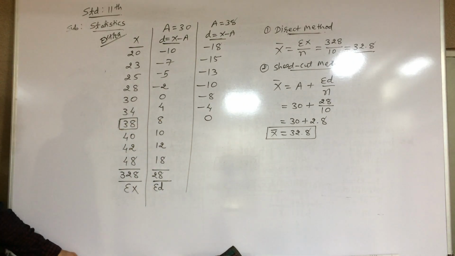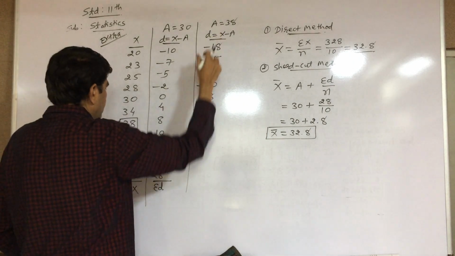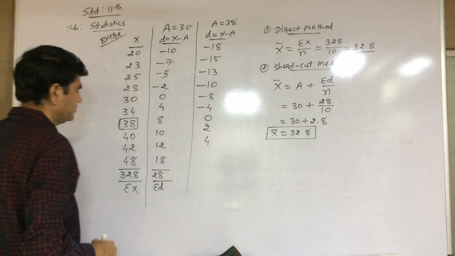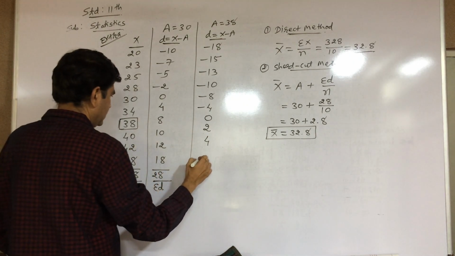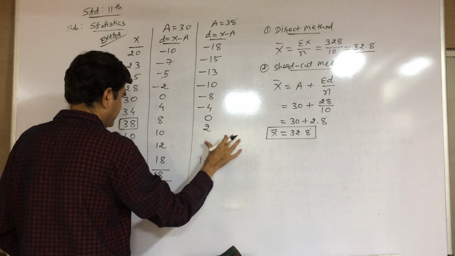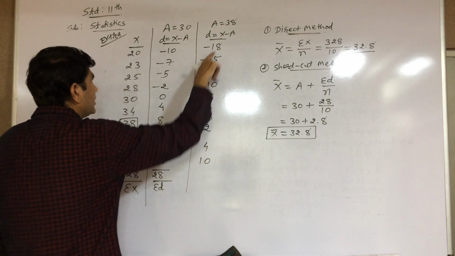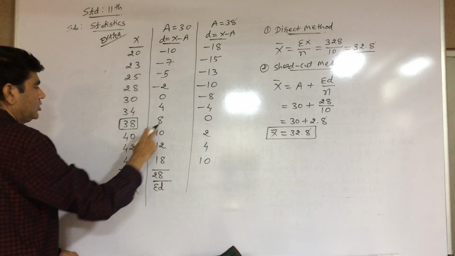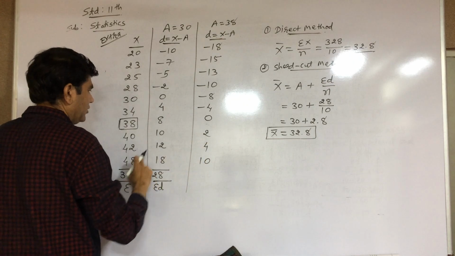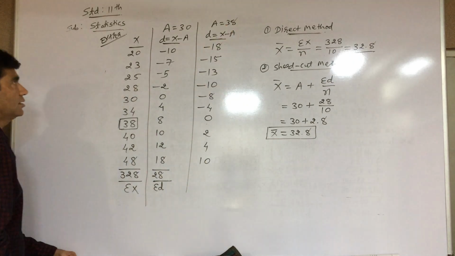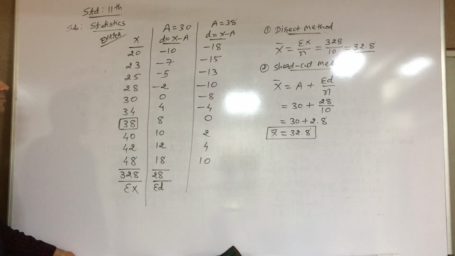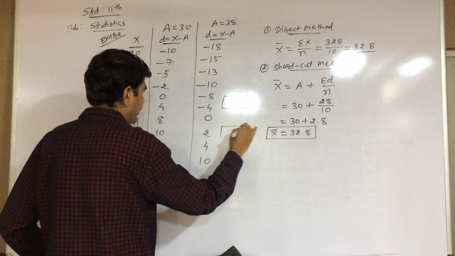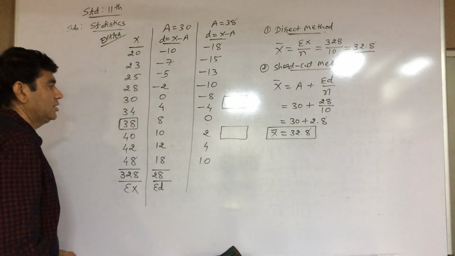Yes. 40 minus 38, plus 2, then plus 4, and then plus 10. 40 minus 38, 42 minus 38, and 48 minus 38. Now calculate separately, first of all negative data and then positive data.